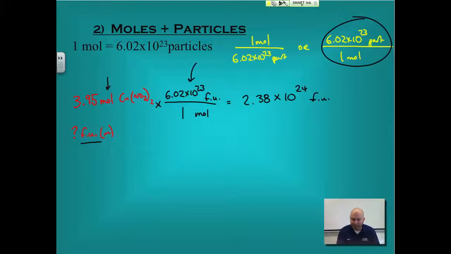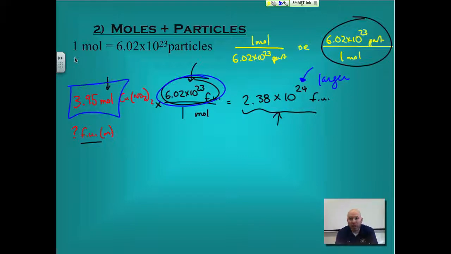Now does that make sense? This number is larger than 6.02 times 10 to the 23rd. I hope we all recognize that it is larger because the exponent is larger. So even though that 2.38 is smaller than 6.02, because it's times 10 to the 24th, it's larger. This makes sense because I have more than 1 mole.